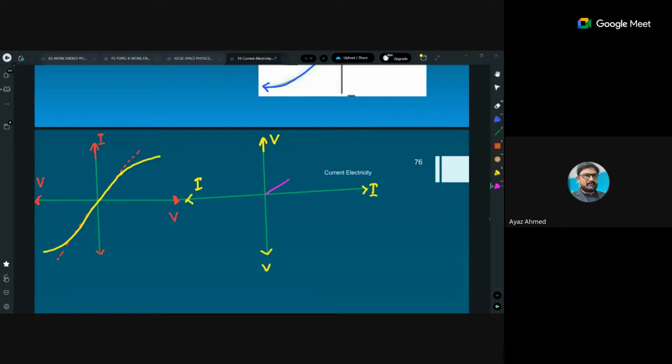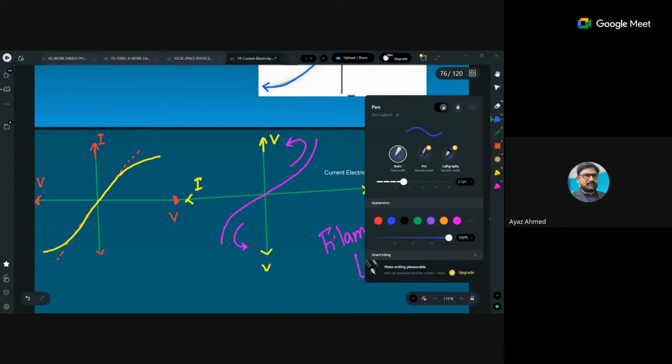Now look, the graph would be something like that. The voltage axis is here. So did you see what happened? The graph is always curved towards the voltage axis like this. These two graphs are for the filament lamp. Are you getting it? Yes.